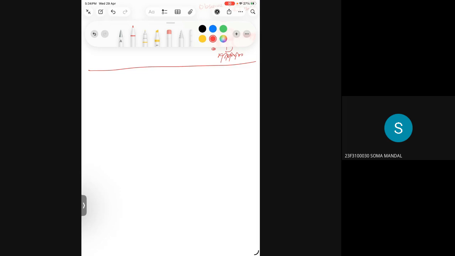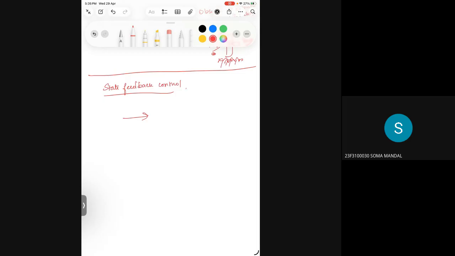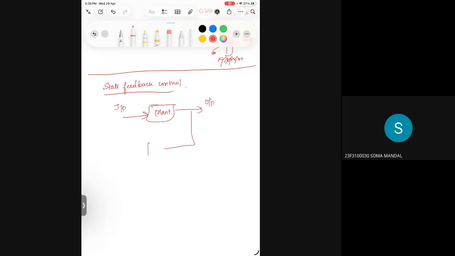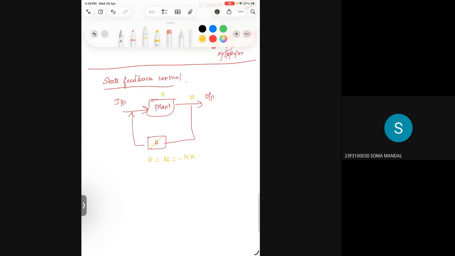Now we are going to see the state feedback control. I have given a gist about this already. This is my plant or system, with input and output. It's a simple control where I have H here. If I replace this H and I with u, that is equivalent to k into x, where x is your system state, right?